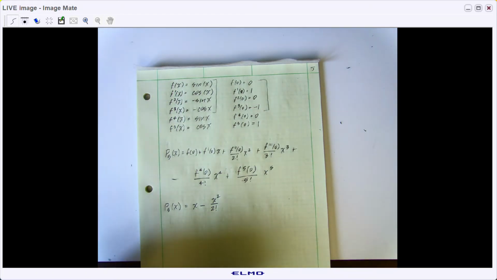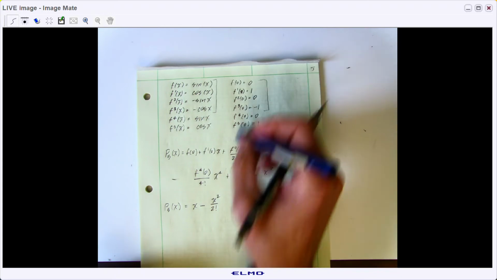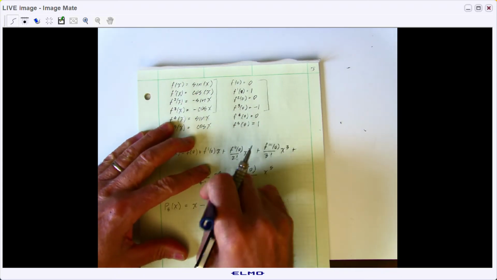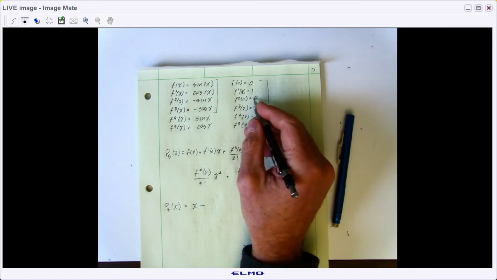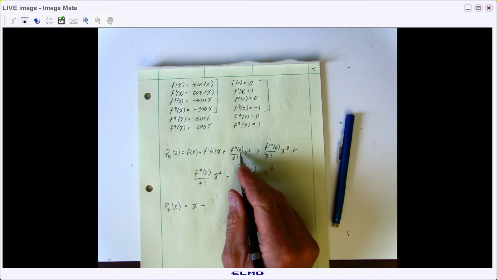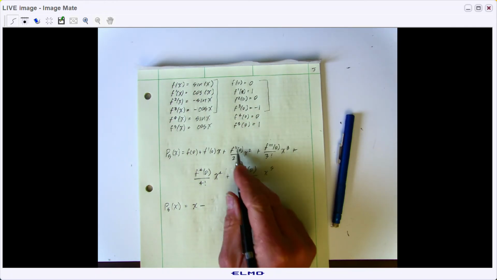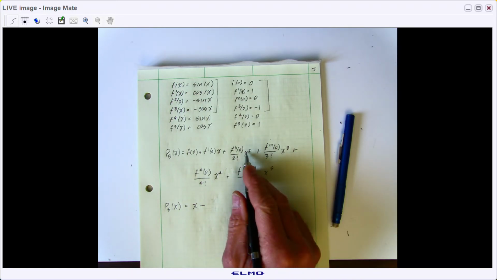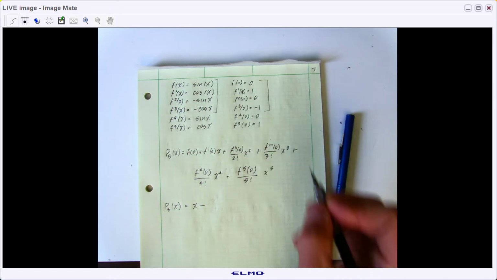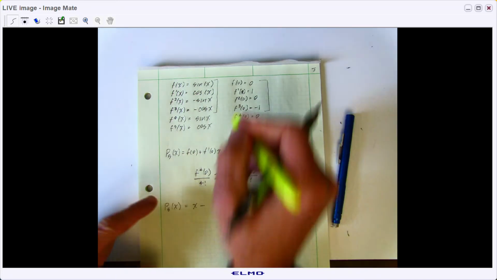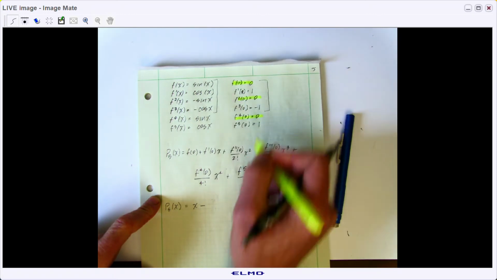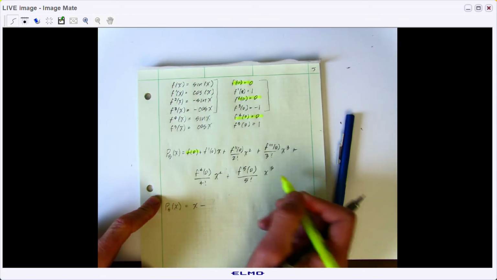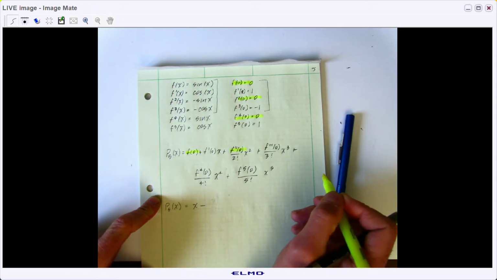Oh, wait a minute. The second derivative term is 0, right? Sorry. So f sub 2, this piece right here, over 2 factorial, that's 0. So I don't have any x squared term. Maybe this will be easier to see: I have a 0 there, a 0 there, and a 0 there, which means I have a 0 here, a 0 here, and a 0 here.